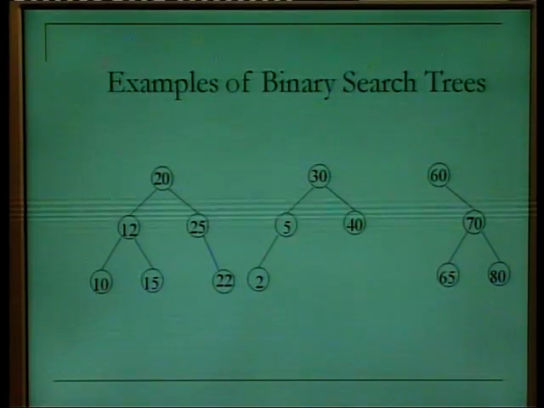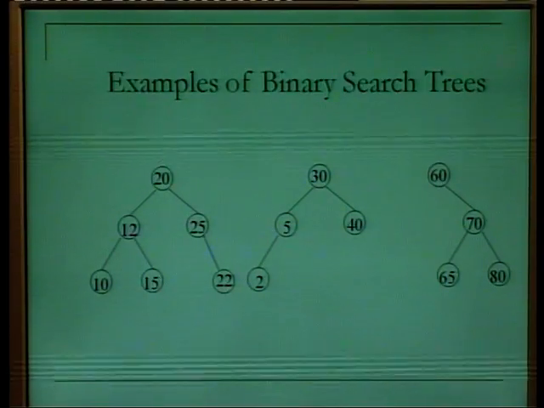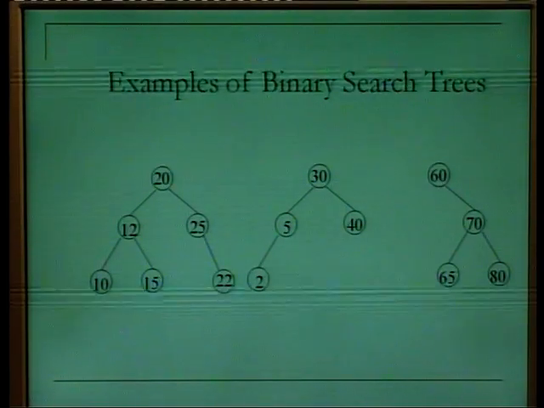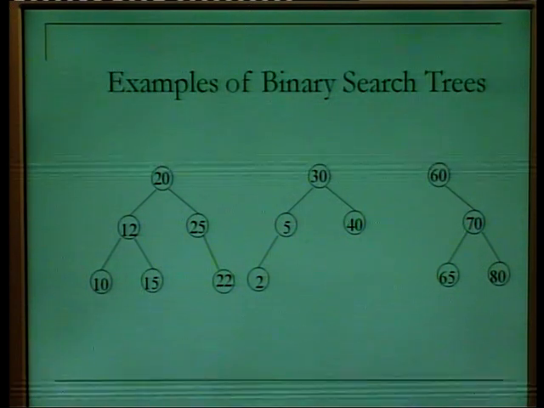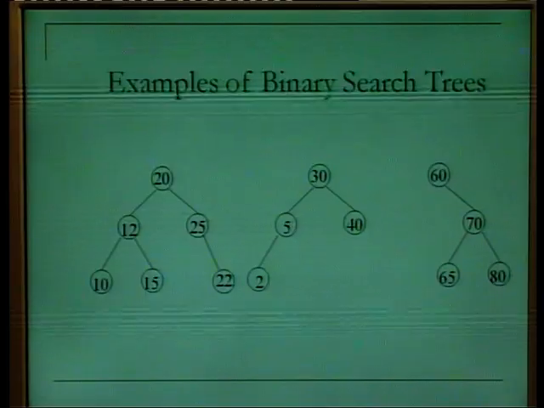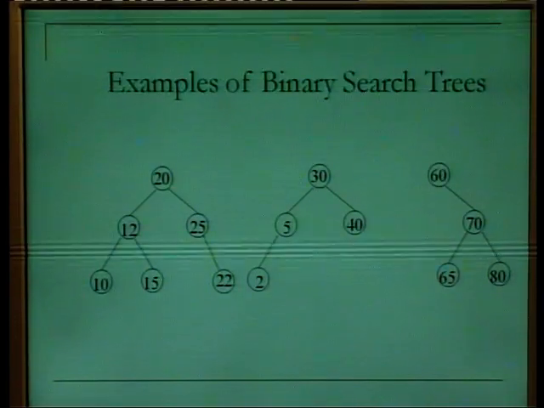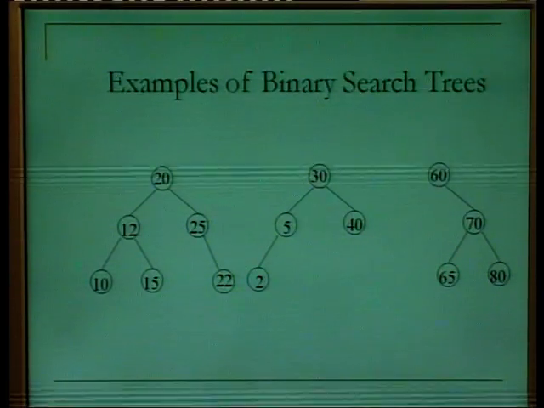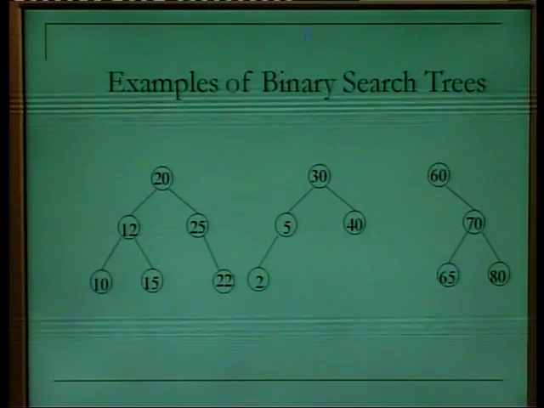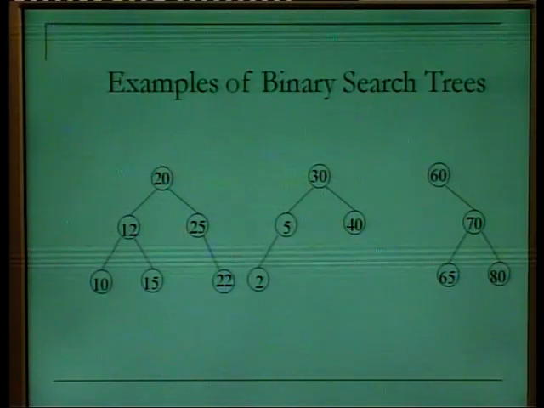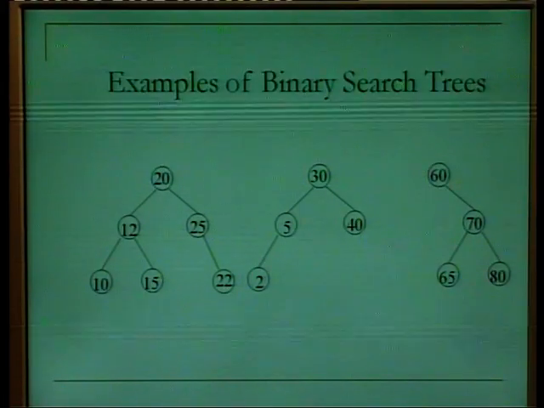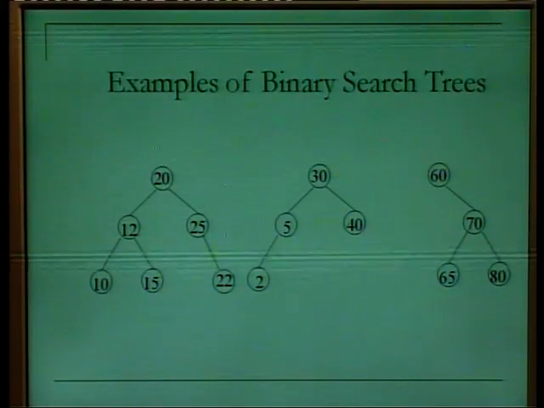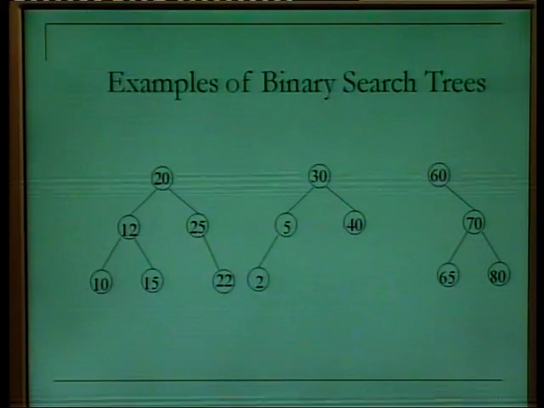In the first tree we have the root node 20, and in the right subtree we have values 25 and 22. 25 is greater than 20, but the right subtree is not a binary search tree, because its subtree has a right child with value 22, which is less than 25.